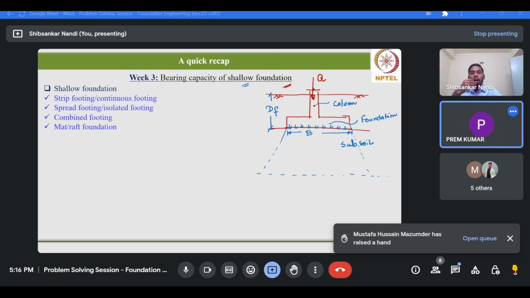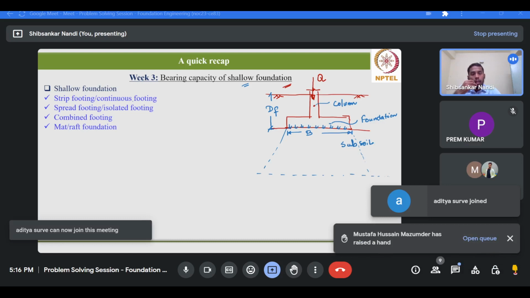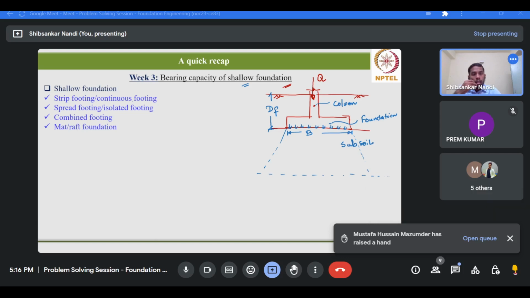Okay, so I have basically got your question. Please correct me if I am wrong. When we are determining the bearing capacity of a footing, we are only dealing with the breadth of the footing, not the length of the footing. Am I correct? Yes, sir.